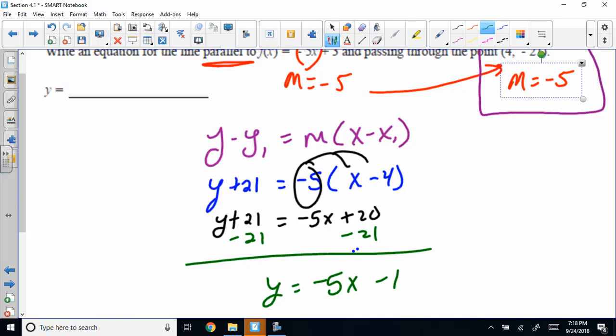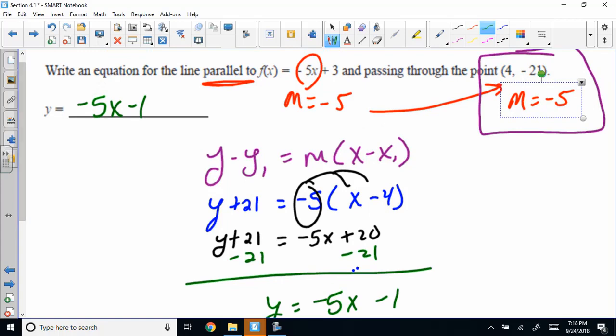So that would be the equation for the line that is parallel to the negative 5x plus 3, but passes through 4, negative 21, right? Point slope. Yeah, because it takes a point and a slope.